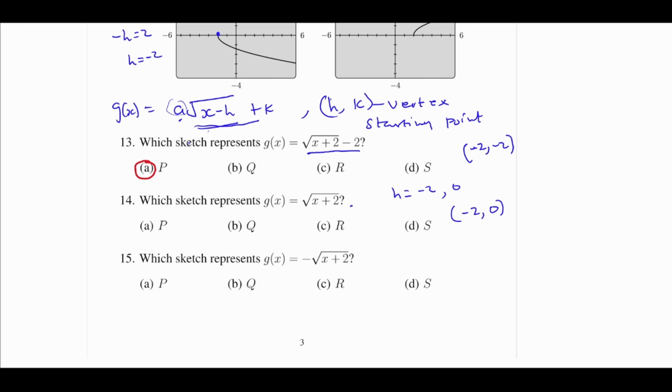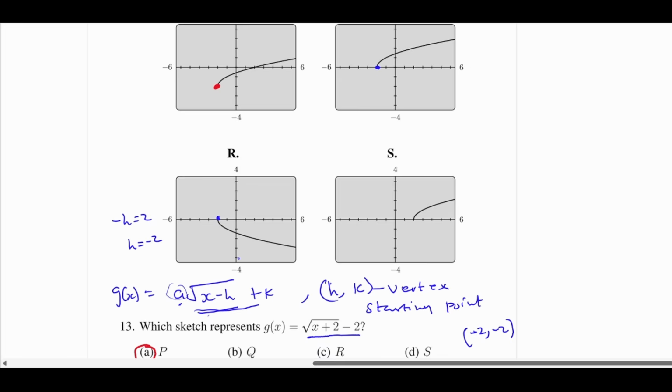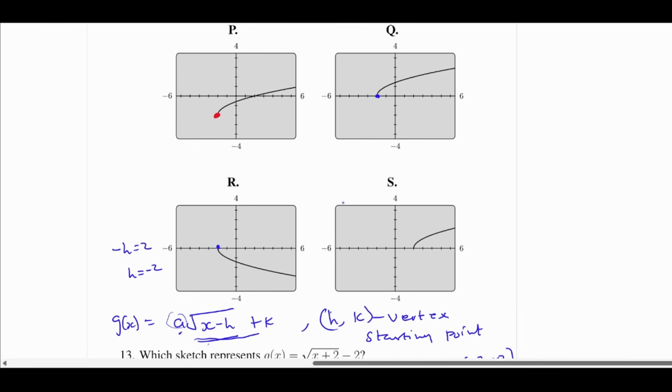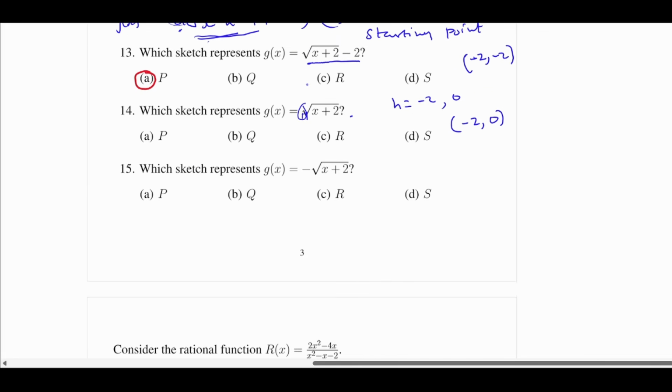And if a is negative, the curve moves upwards. So we will have upwards and then downwards. Looking at this one, our a, that is the value in front here, is positive 1. And so positive 1, the curve will move downwards. Which of them is moving downwards? It is the one moving downwards like that. And so we are saying that question 14 is B.